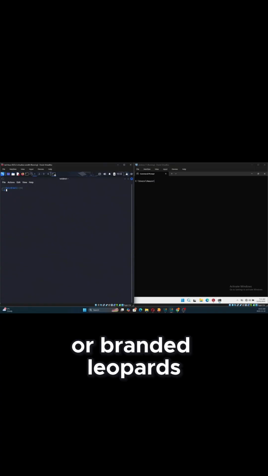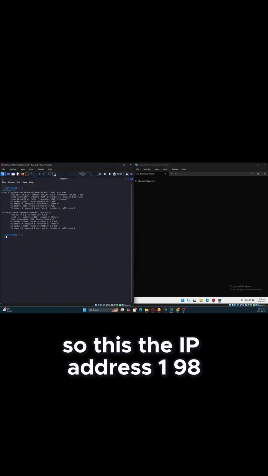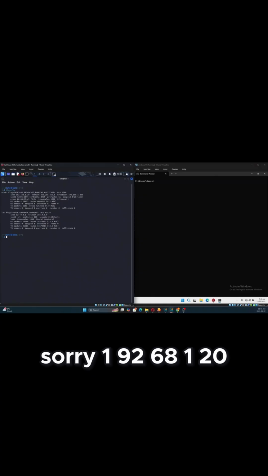So the first thing on the screen, we're going to be looking at our IP addresses. So I'm going to look at the Linux one. So this is the IP address, 192.168.120.